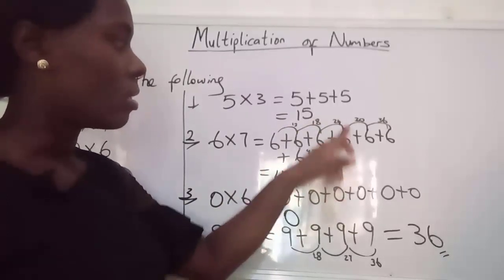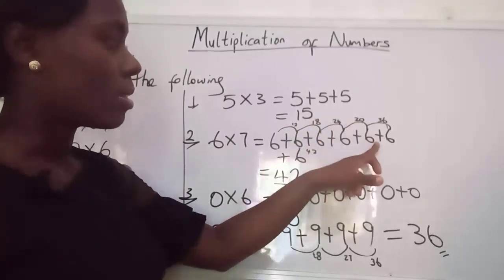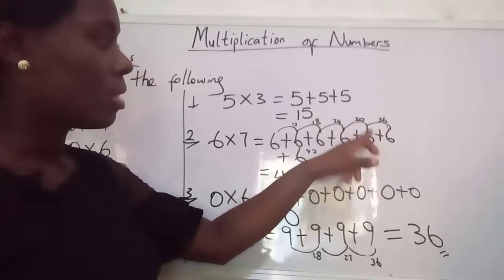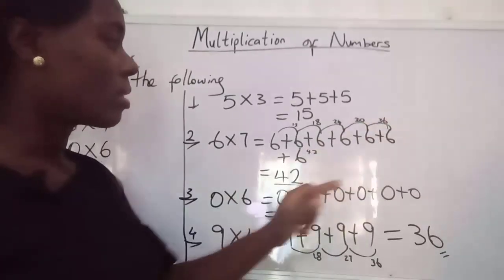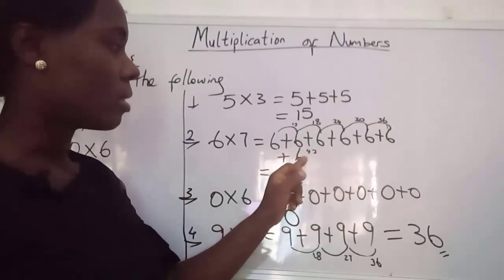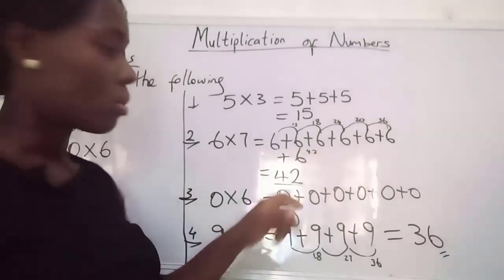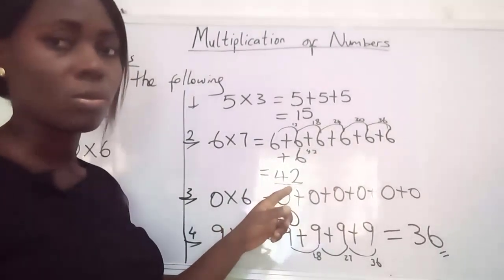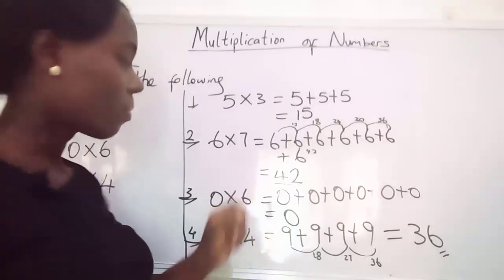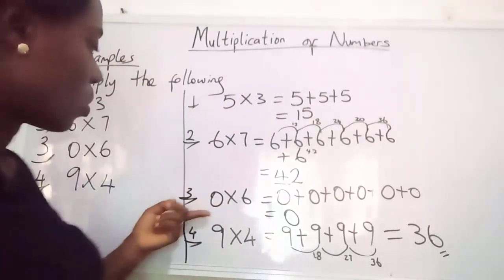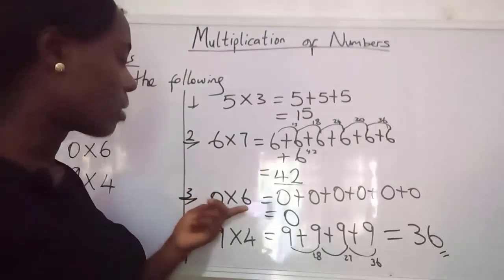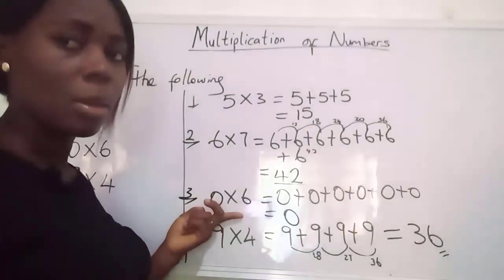Plus this 6, 24. 24 plus this 6 is 30. 30 plus this 6 is 36, plus this 6 is what? 42. So I got my answer as 42.